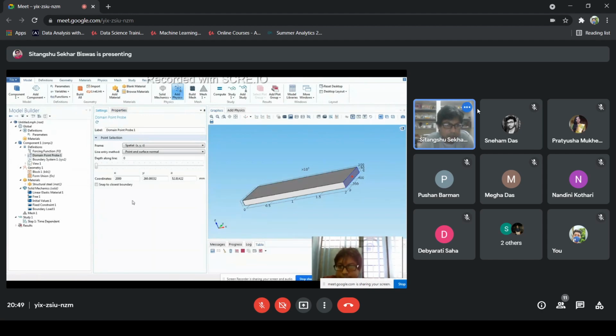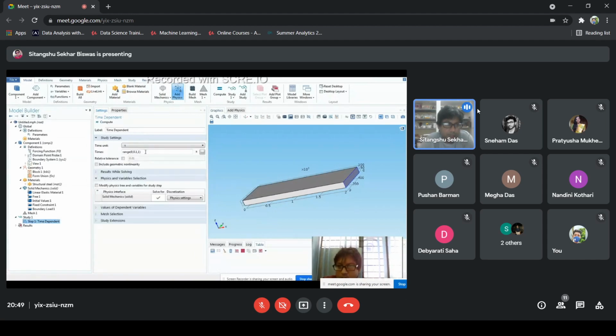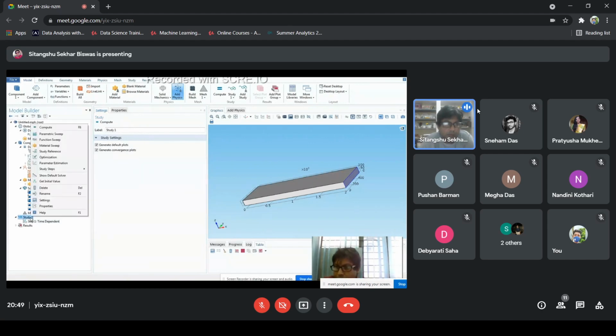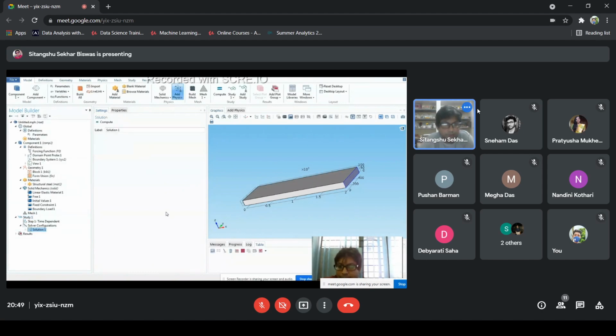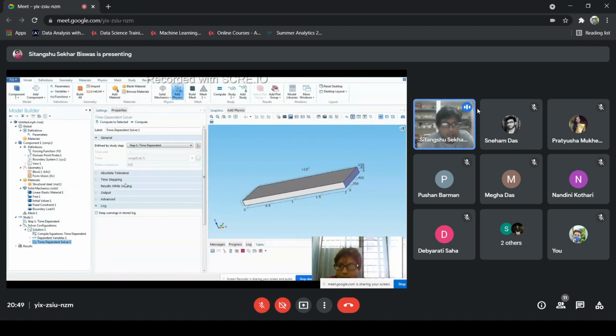Now you go to the solver settings. If you go to time dependent, here we have already defined the time step as dt and the maximum time as capital T. Now if you go to default solver settings, there is a time dependent solver 1.